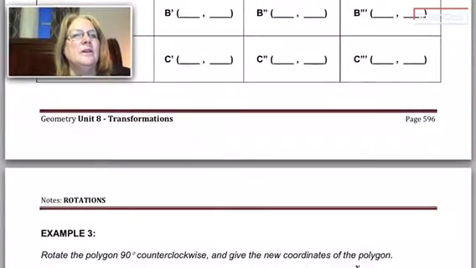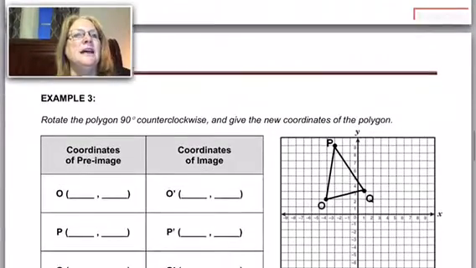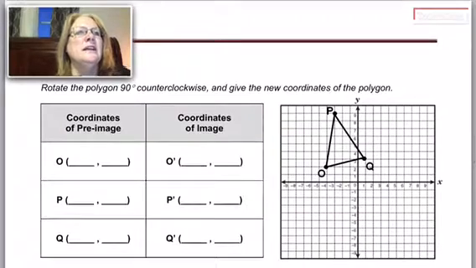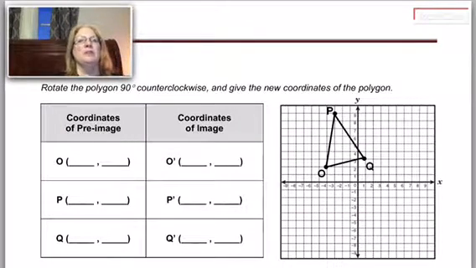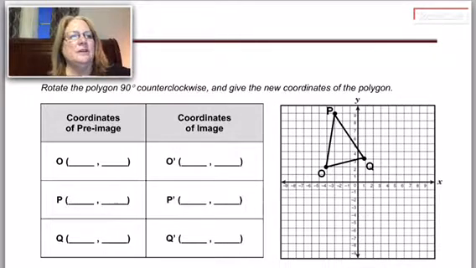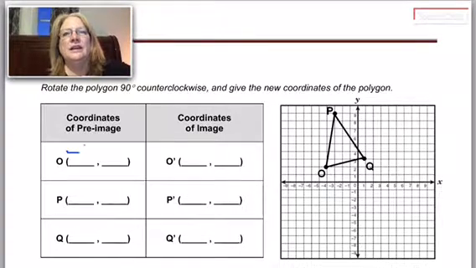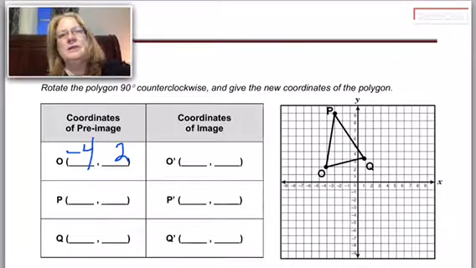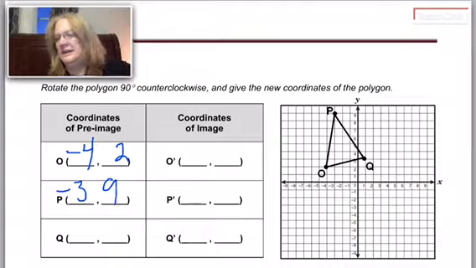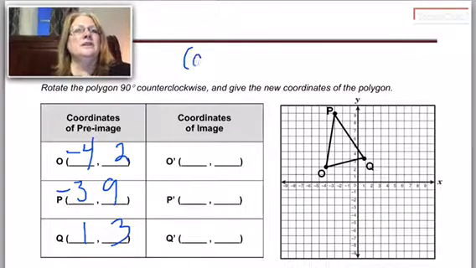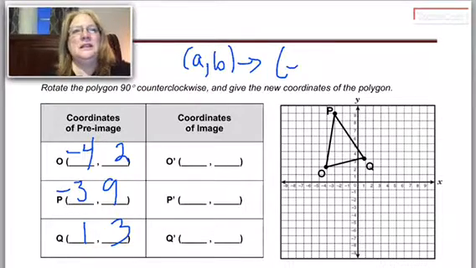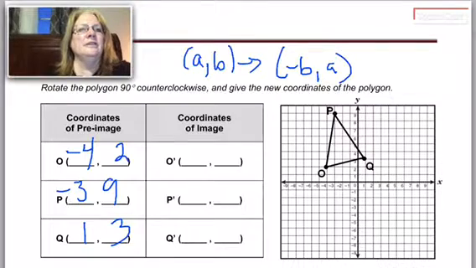Okay. So here they want a 90 degrees counterclockwise, give the new coordinates, and we'll go ahead and plot this one. So the original coordinates I already wrote down were (-4, 2), (-3, 9), and (1, 3). And so the rule here is (a, b) becomes (-b, a).